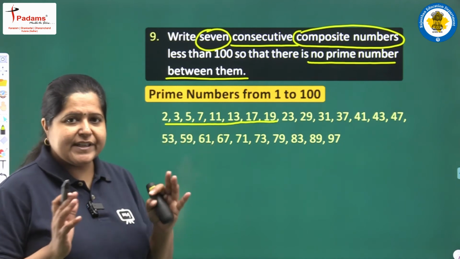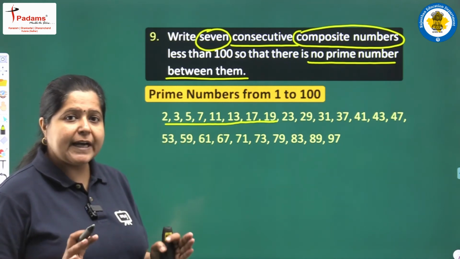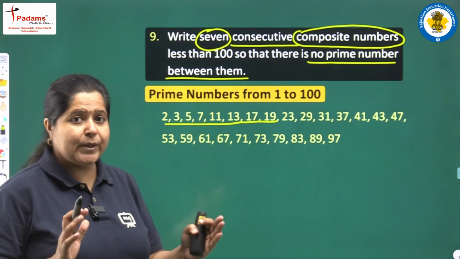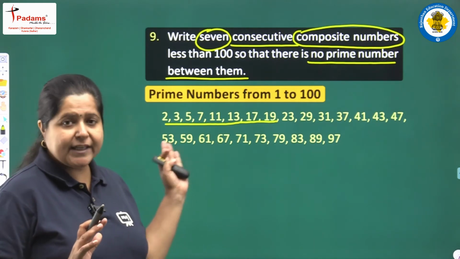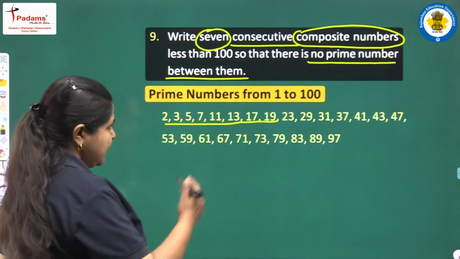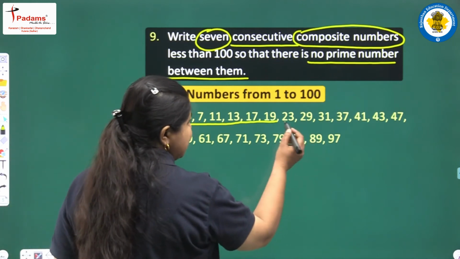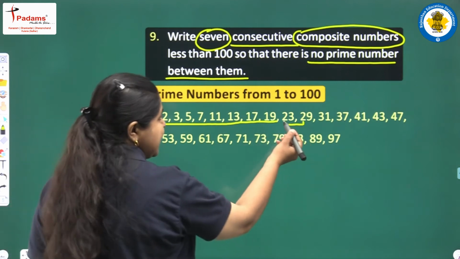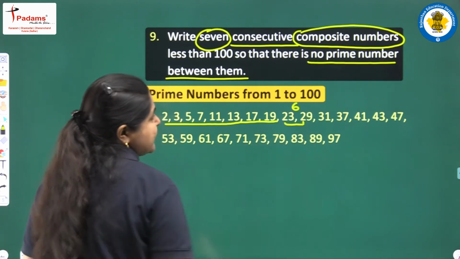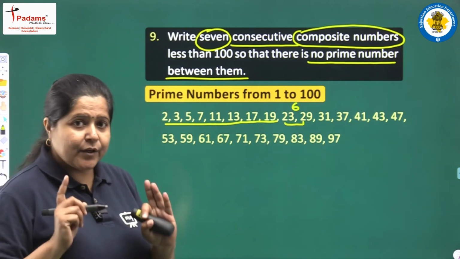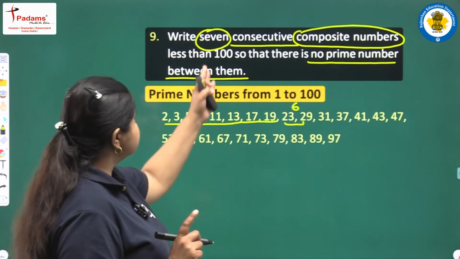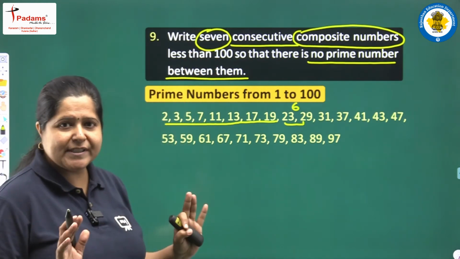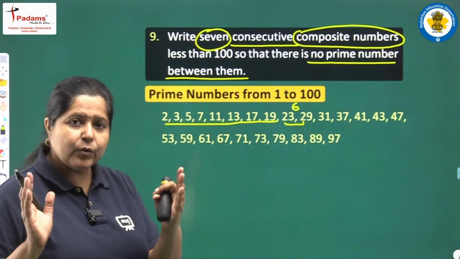Their difference is very small, and so we cannot find 7 numbers in between any of these two prime numbers. We move on to 23, 29. Let us have a look at the difference. It's 29 minus 23, 6. The difference is 6.